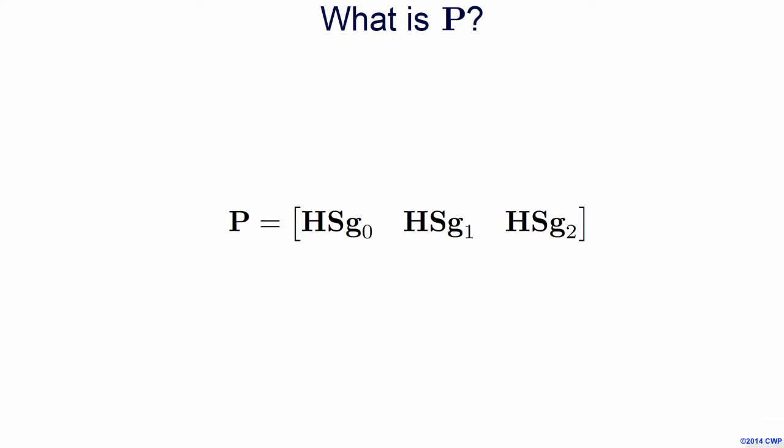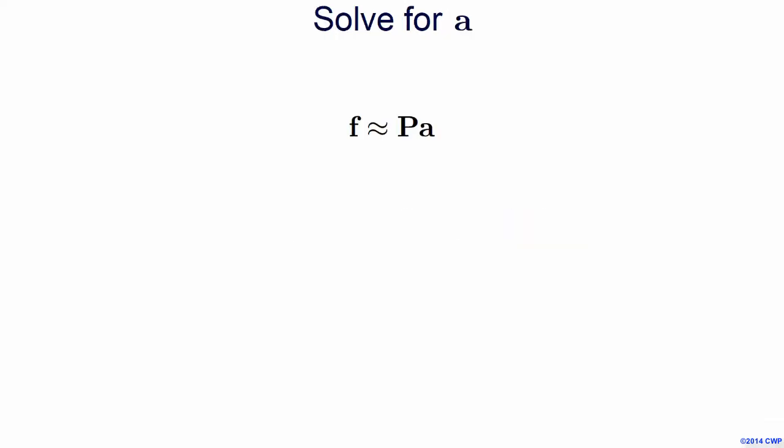Now that we know how to construct P, we can solve for A by setting up the corresponding normal equations. Now, the matrix P transpose times P is not Toeplitz, but it is symmetric positive definite, meaning that we can again use Cholesky decomposition to solve for the inverse wavelet A.